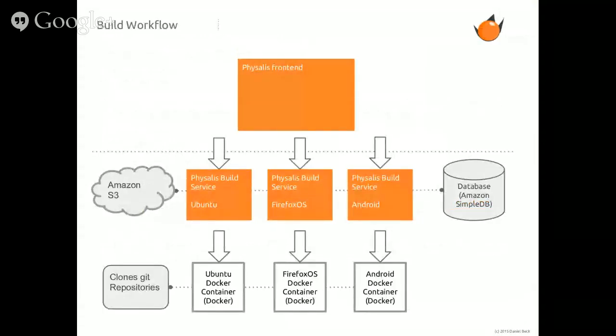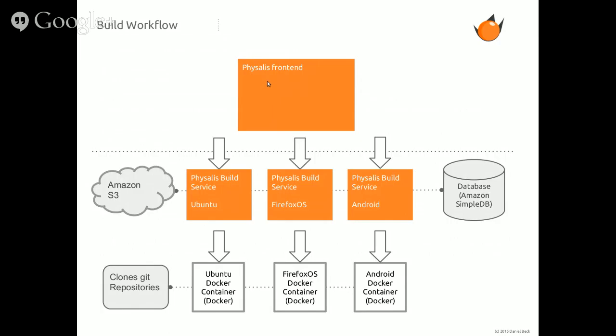So the build workflow. This explains what Physalis does. At the top of the graphic, you see the front end. It's where the user enters the name of its app and the URL, the Git URL to build.